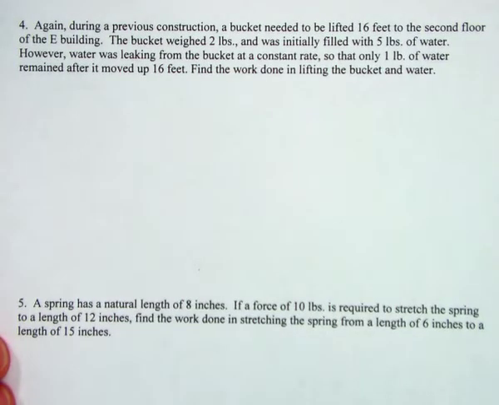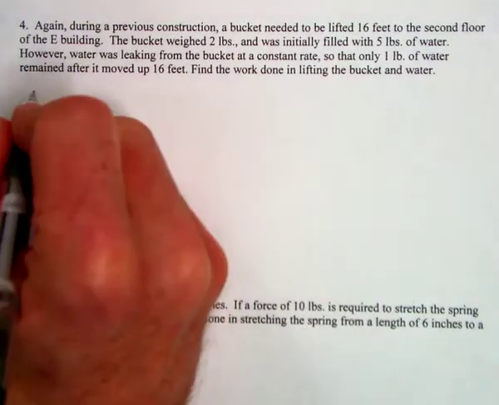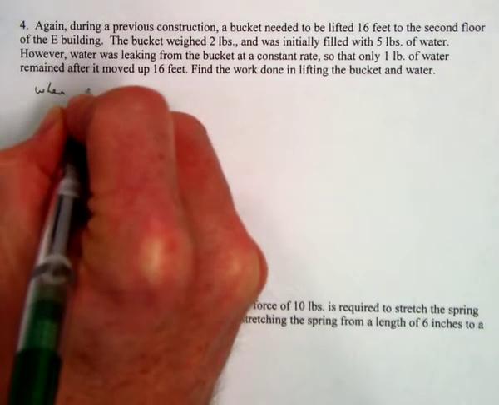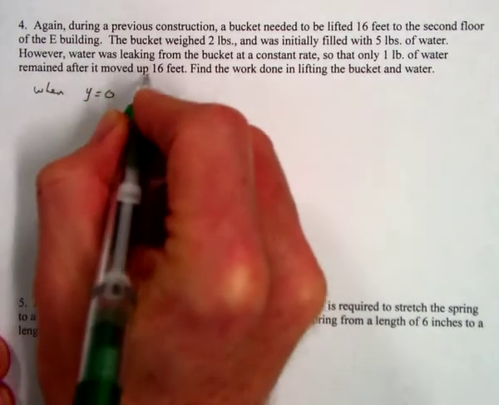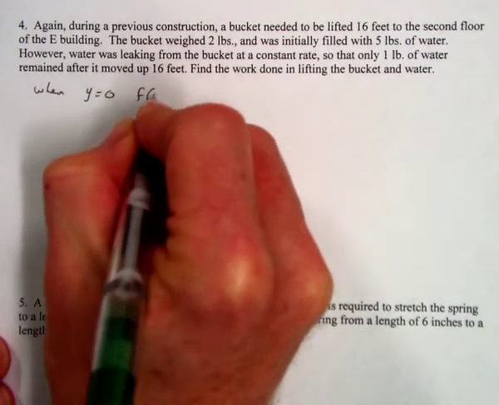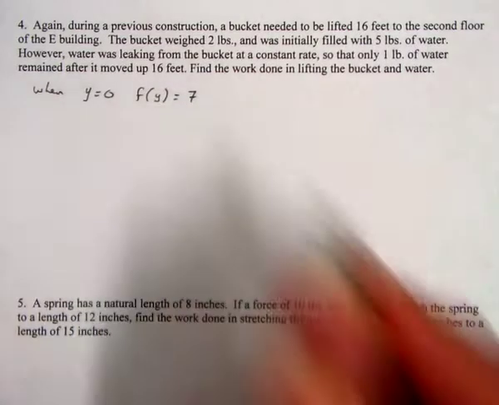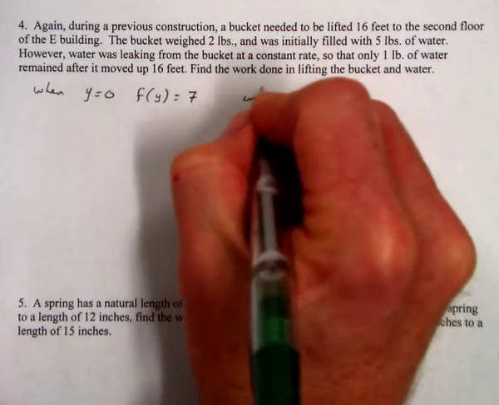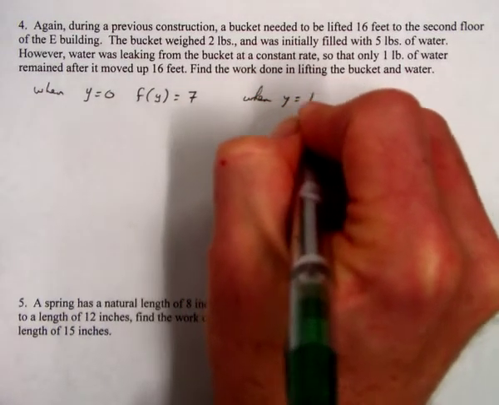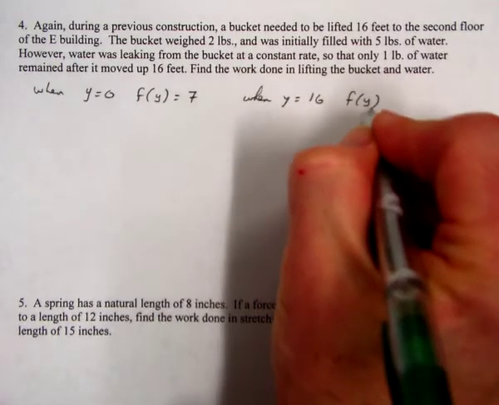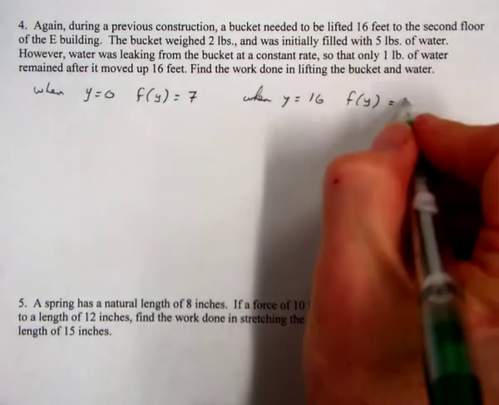And we want to make that the easiest way possible. So since it's going vertically, we'll deal with y again. When y equals 0, that force, the weight, is going to be 7 pounds. When y gets to the top, 16, that force will be 3 pounds.